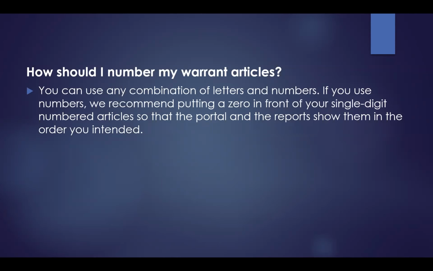So if you were to put, let's say Article 1, 2, and 3, and then Article 10, what you would see in the portal is Article 1, then Article 10, then 2 and 3, because it's sorting by that first number as if these were letters. Putting a 0 in front of the 1, the 2, and the 3 is going to make sure that they appear at the top of the list.